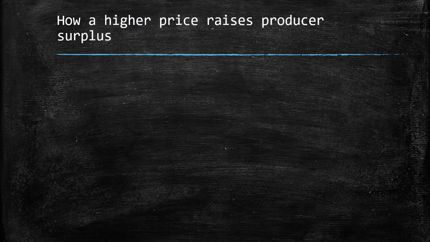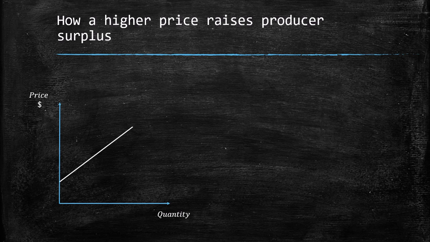How does a higher price raise producer surplus? It's going to be the same. We have here the upward slope of supply, and imagine that we have a price and quantity 1. Which is going to be the producer surplus in this graph? This is going to be this blue triangle. Why? Because all these producers are located across this curve.